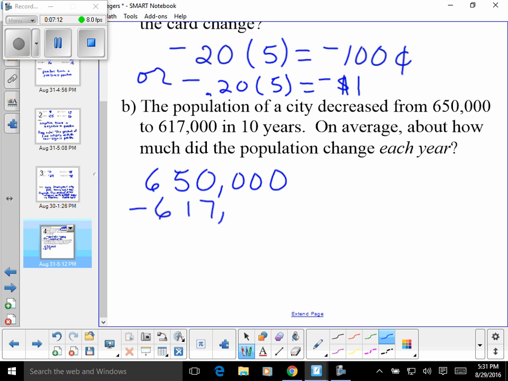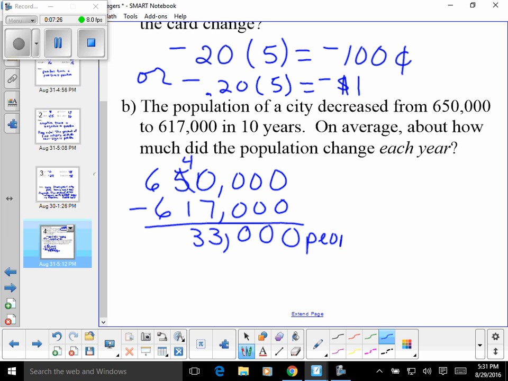To do that, we are going to subtract. Talking about population, so that means people, and since it is a decrease, that means it's negative.